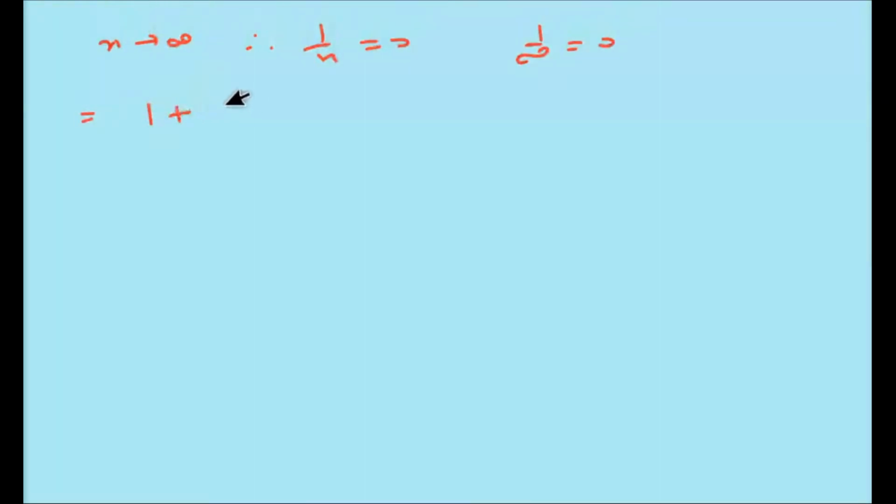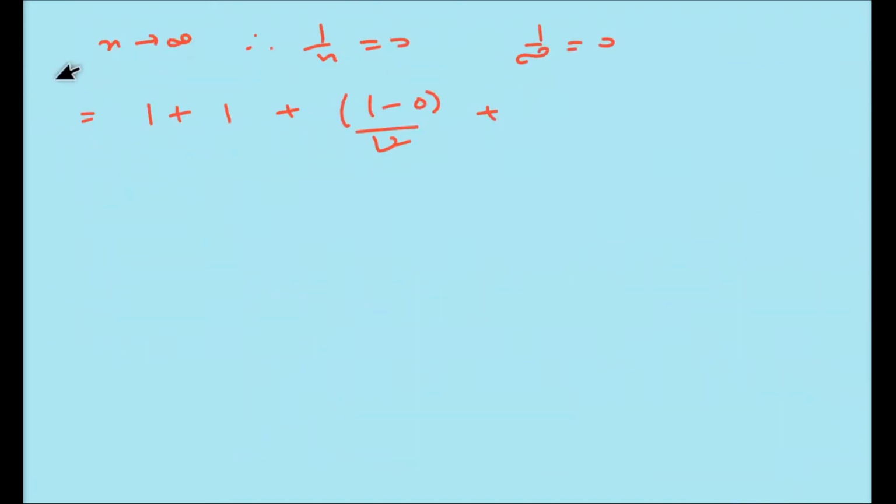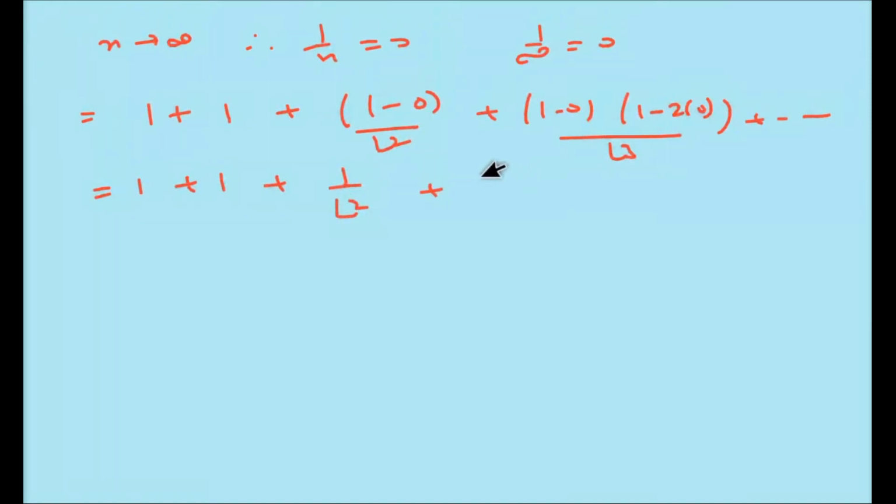What do we get? 1 plus (1 - 0)/factorial 2 plus, again here, (1 - 0)(1 - 2 times 0)/factorial 3, plus and so on. So we find 1 plus 1/factorial 2, then 1/factorial 3, and so on.